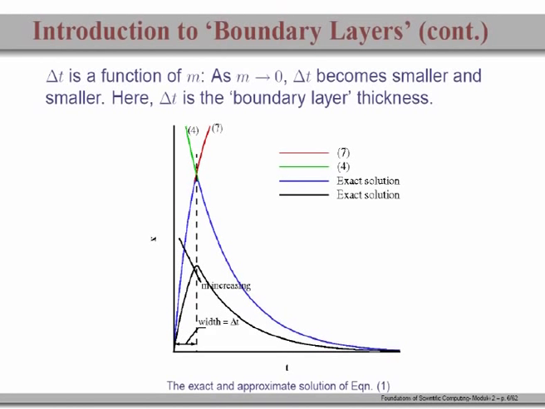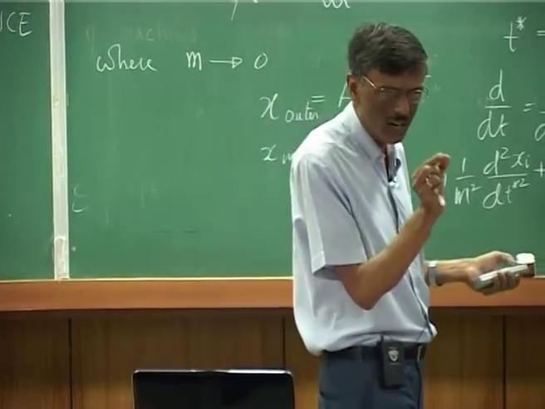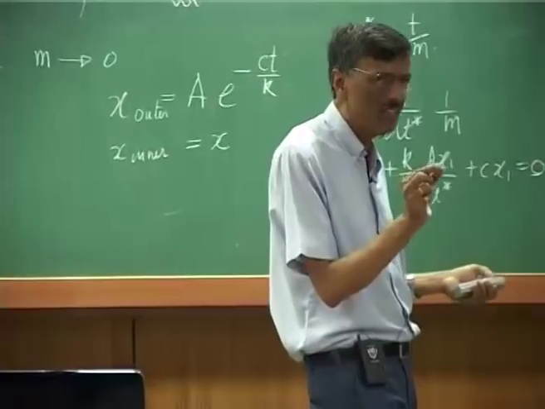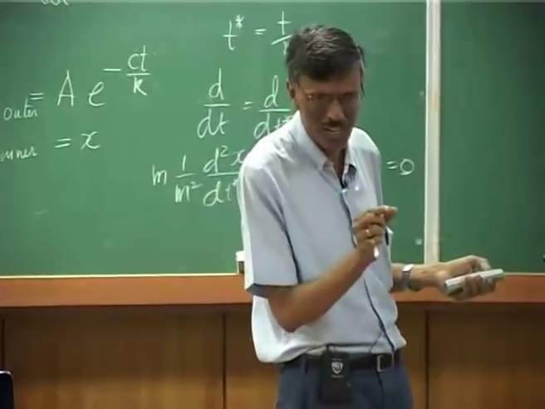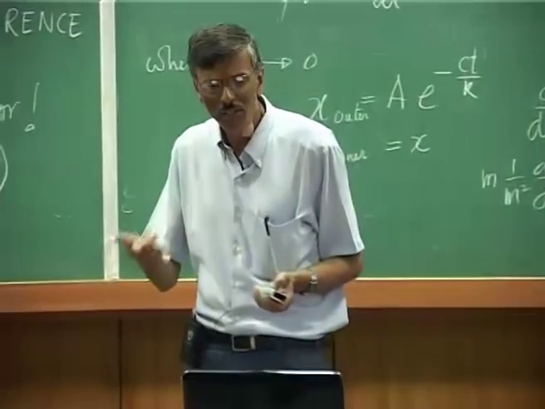Of course, you can get an exact solution, which we have shown here for a couple of m's. As we decrease m, the solution becomes steeper and steeper, and the width over which the inner solution is valid becomes narrower and narrower, and that is the reason we call this a boundary layer. It is a very thin layer adjacent to the boundary.